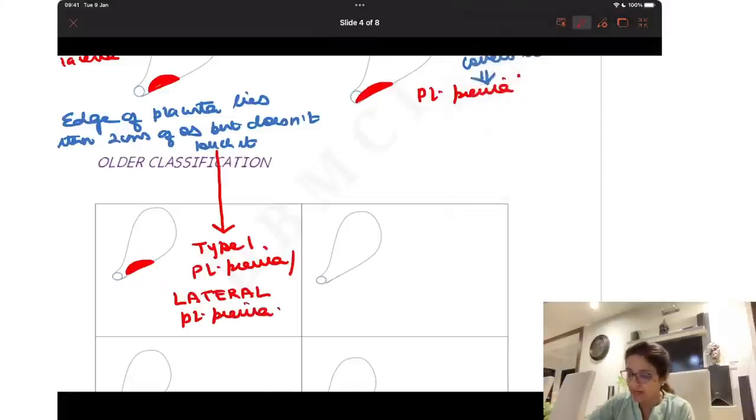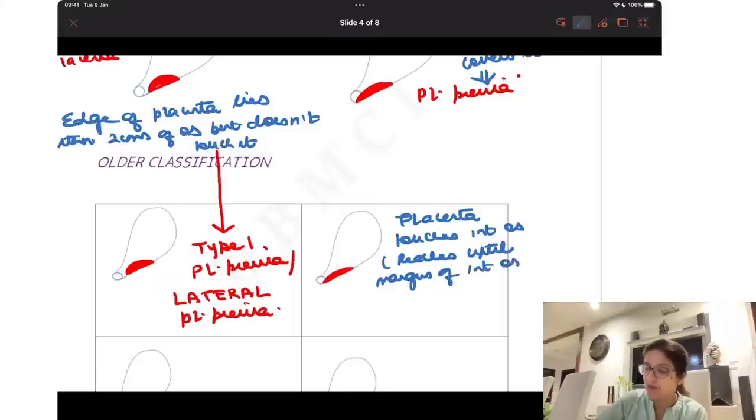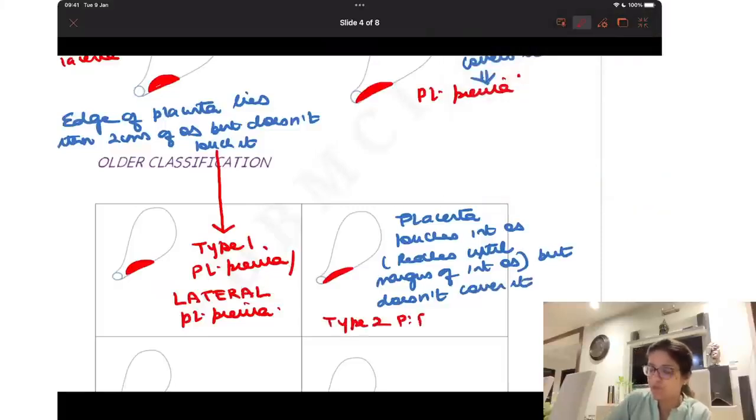Then if the placenta touches the internal os or reaches up till the margins of the internal os but doesn't cover it, right? Then that is what is called type 2 placenta previa. Type 2 placenta previa को marginal placenta previa भी कहते हैं, right?